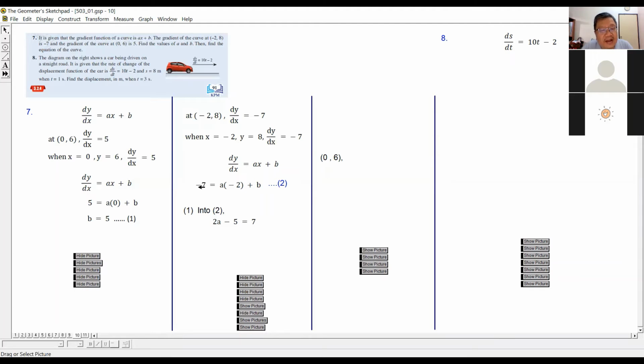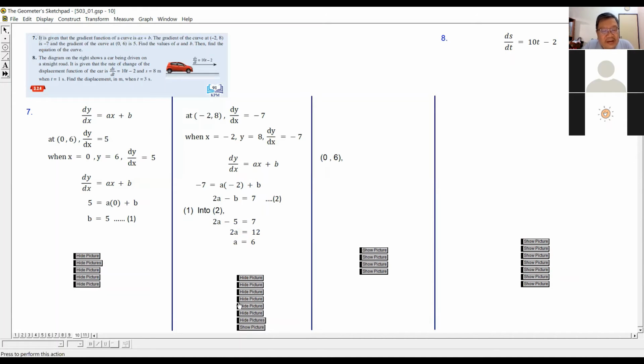And -7 I bring over to the right hand side, it becomes 7. Okay, I can solve for the value of a. I missed out this step, sorry. No wonder you cannot see the 2 there. Okay, right. So finally, a is 6.